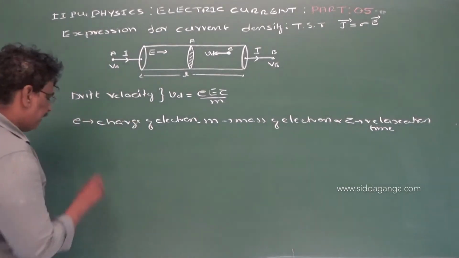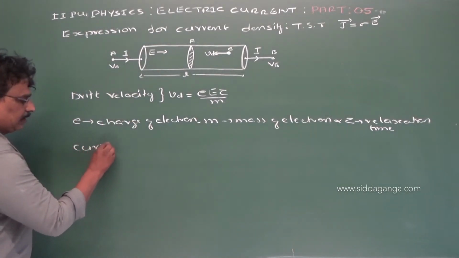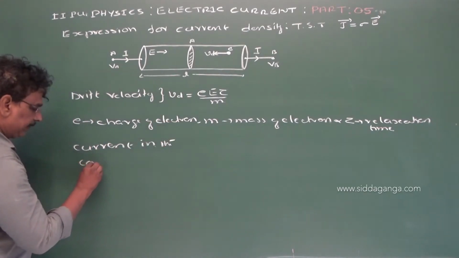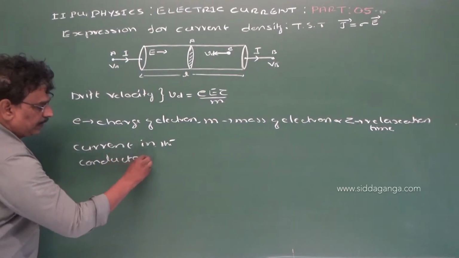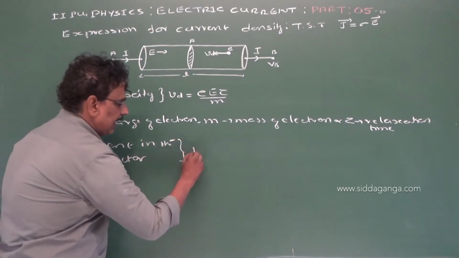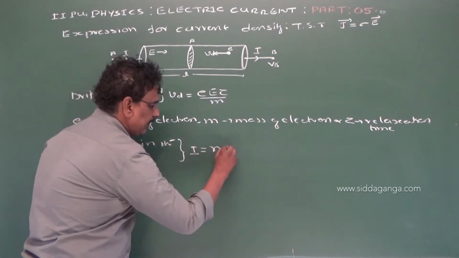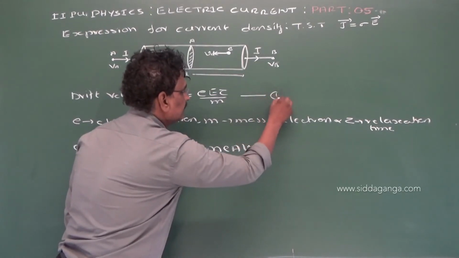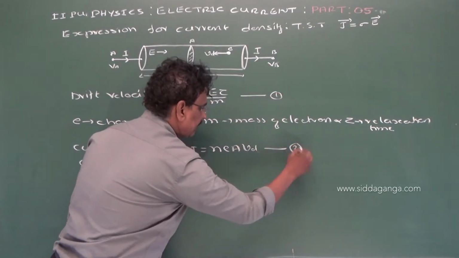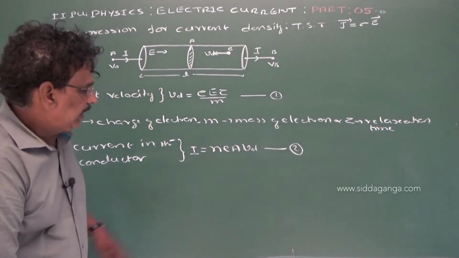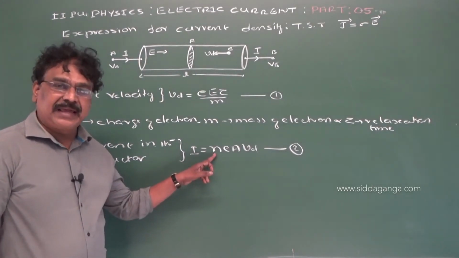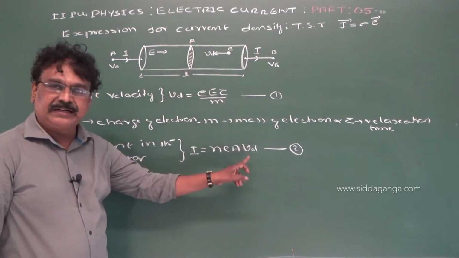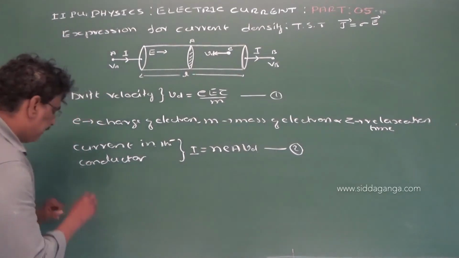Now again, the current in the conductor I is equal to n e A Vd. Let us take this as equation 1 and this as equation 2, where n is the free electron density, A is the area of cross section of the conductor, Vd is the drift velocity.